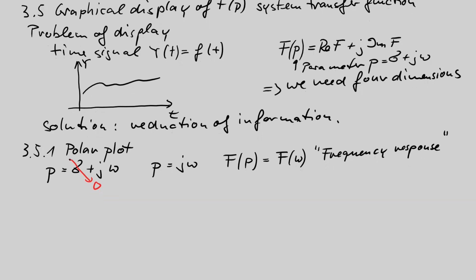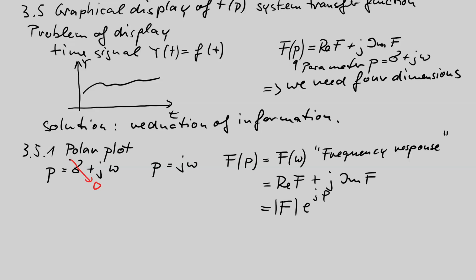It's a complex frequency response, and this complex frequency response has a real part and an imaginary part. Or we can also say a complex number has a magnitude and a phase.